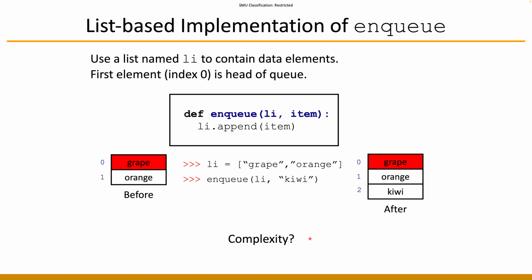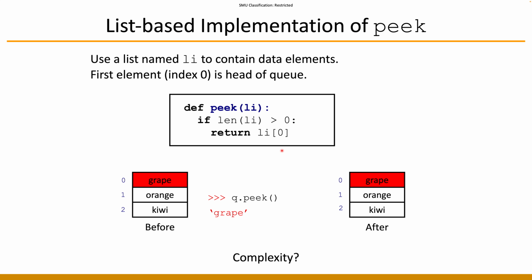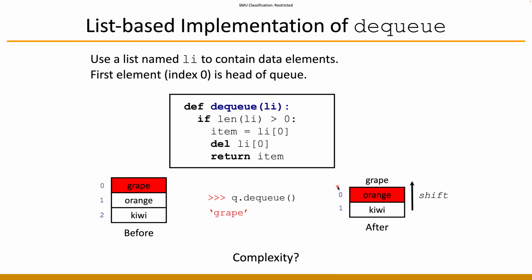So in terms of complexity, it doesn't matter how many elements you already have inside your list, your enqueue operation is always constant time, right? Just do an append. The peek, just like before, you just read the value and then return, right? So because of that, complexity will also be constant time. You just read the element that's at index 0.